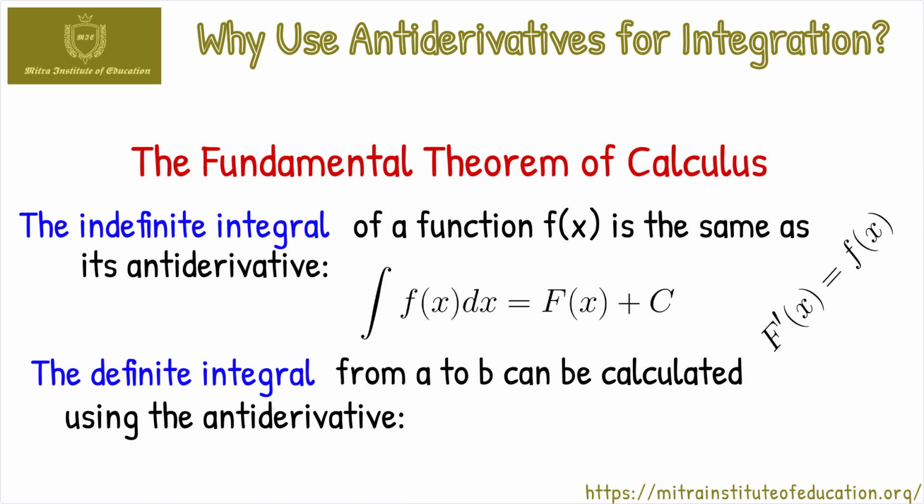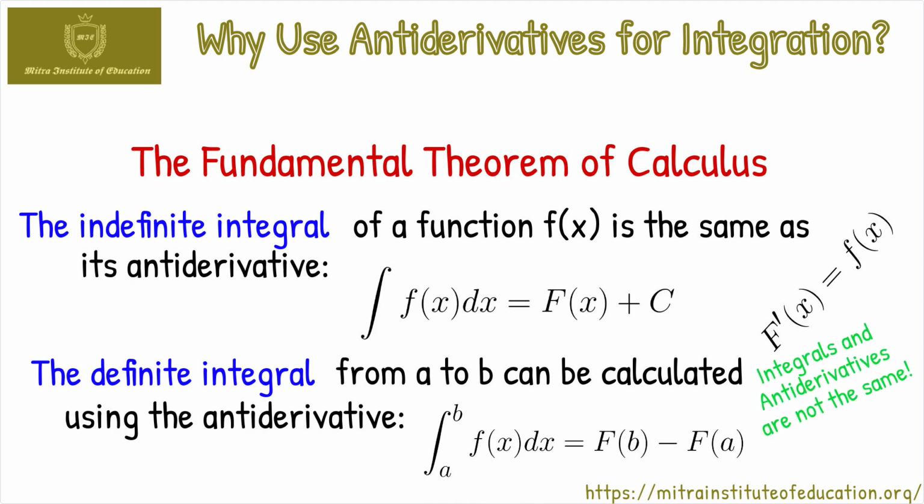This means the integral from a to b of little f of x, dx, equals big F of b minus big F of a. This makes finding areas under curves so much easier. Instead of summing up infinitely small pieces, we use antiderivatives as a shortcut. But, remember this: it doesn't mean integrals and antiderivatives are the same.